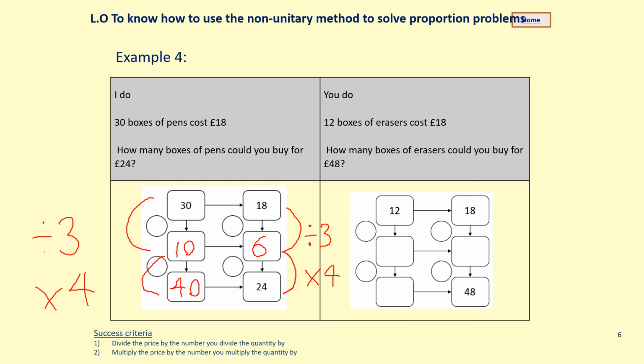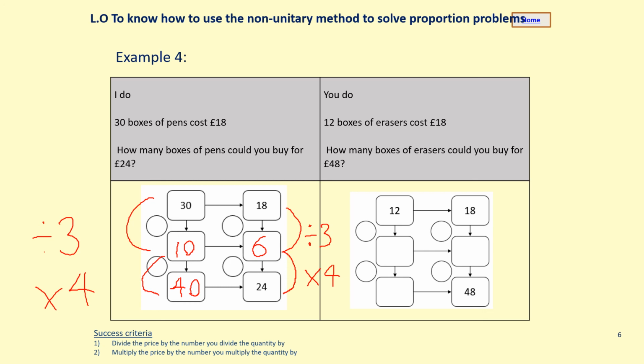Pause the video, make sure you copy down the I do, you've tried the other one yourself, and then we'll move on to some questions for you to practice. Okay, so for the you do, 12 boxes of erasers cost £18. Again, we're trying to work out how much we could buy for £48. So pick a common factor of 18 and 48.